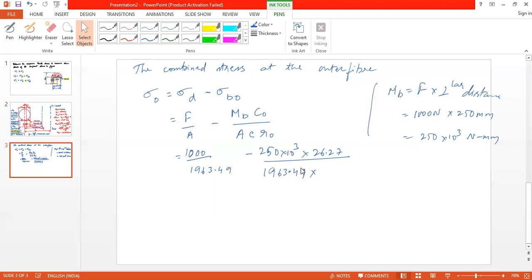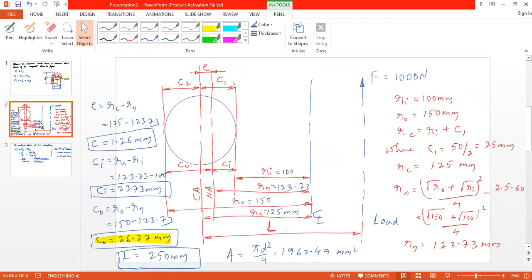Is it correct? How many? pi multiplied by 50 square and that divided by 4. So it will be 1963.49. Area, sir. You forgot to divide it by 4, sir.